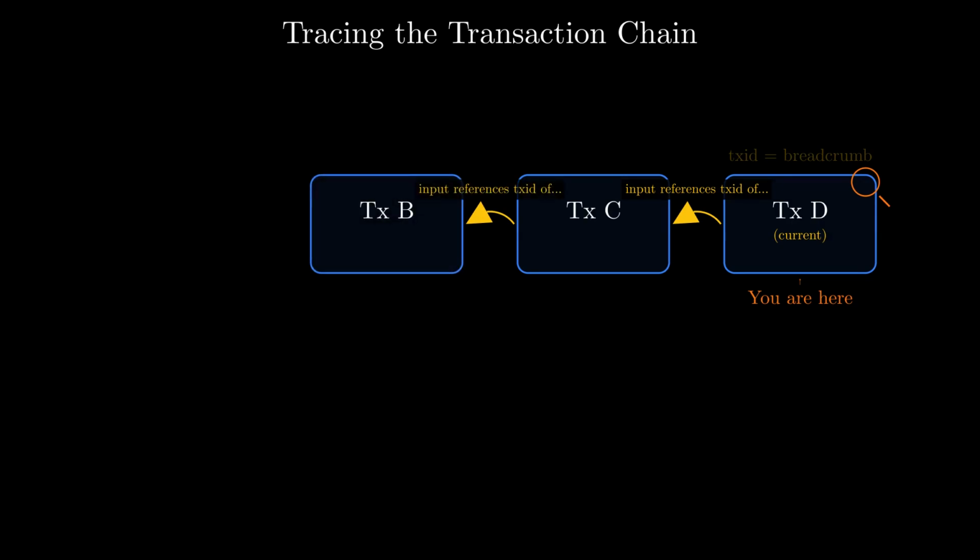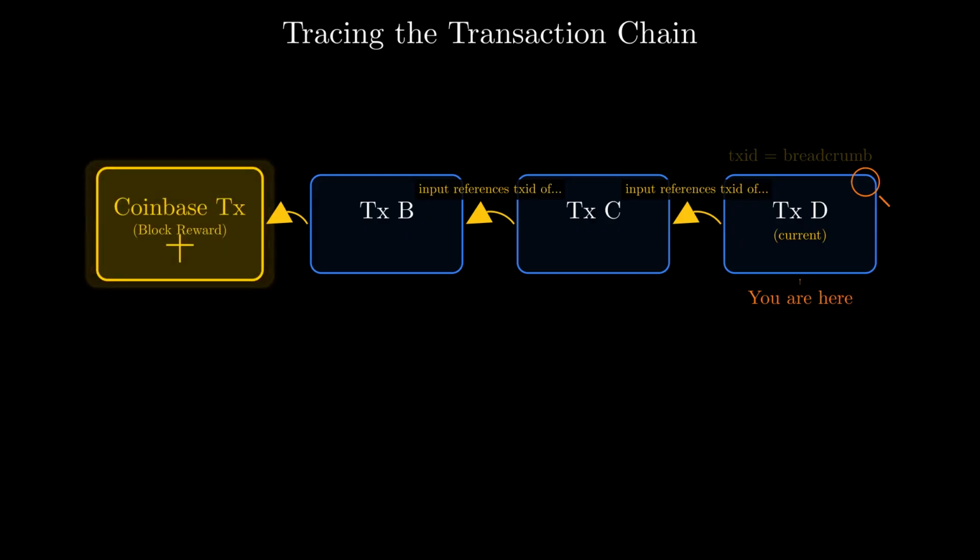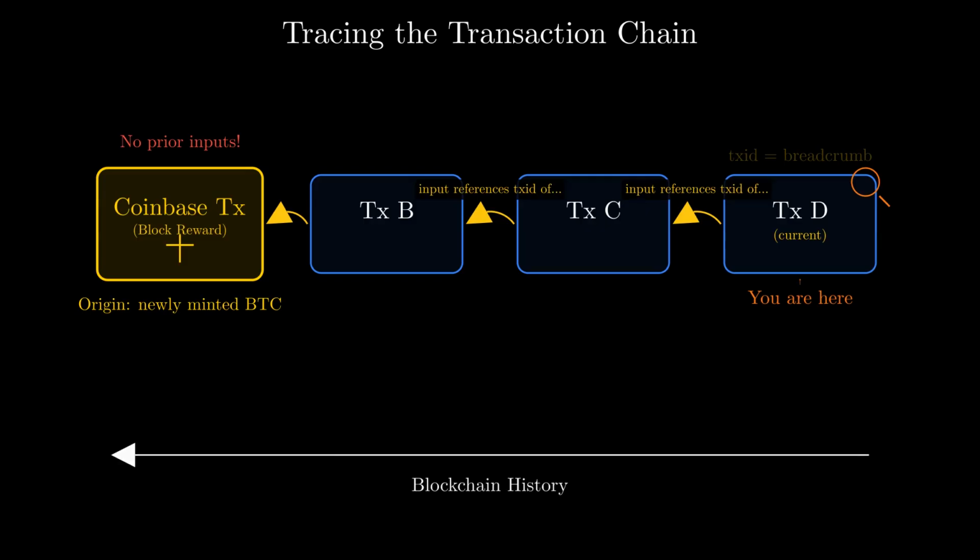Trace one more step, decode that transaction's input reference, you're 3 transactions deep into history. Keep following, and this chain eventually terminates at something special. A coinbase transaction, the first transaction in every block, which creates new Bitcoin as the mining reward. It has no inputs referencing prior transactions because those coins didn't exist before.